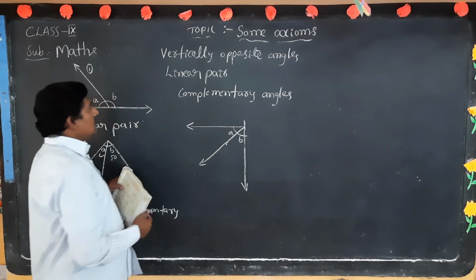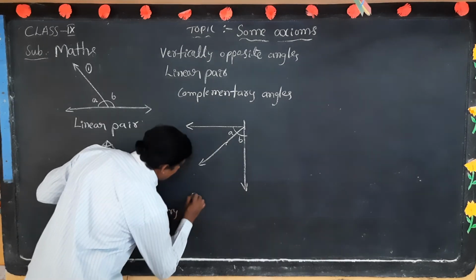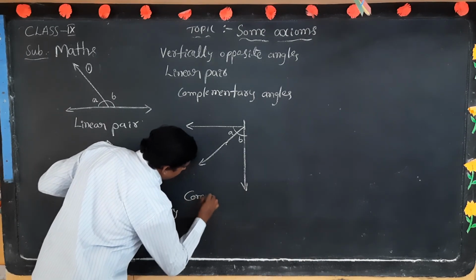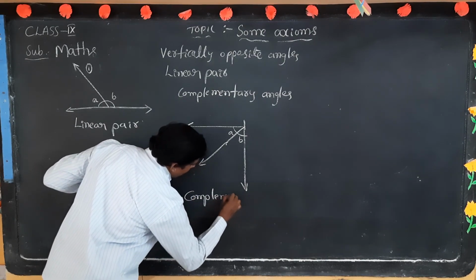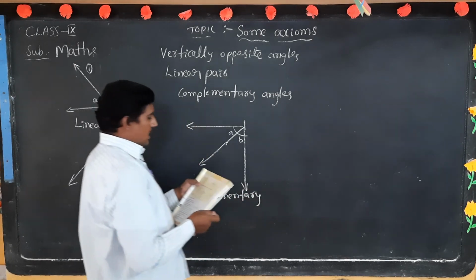Both adding means 90 degrees only. 90 degrees means complementary angles. And the next.